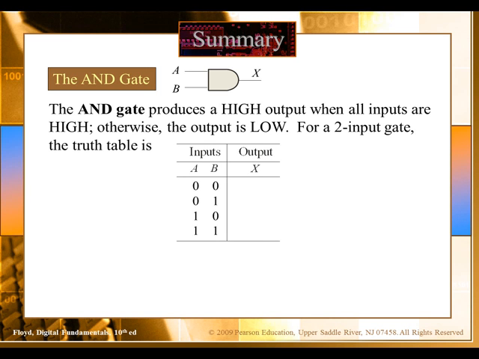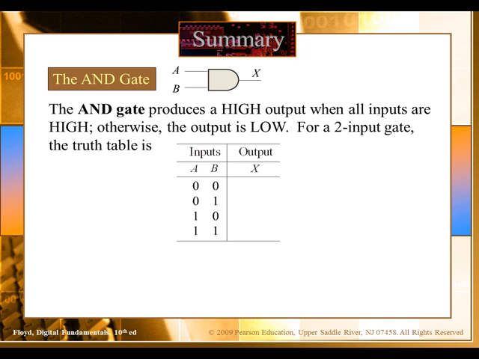Now, I said in all the logic gates, not just in the AND gate, the output will be one line only. But the input will be varying. Now here we have 2 inputs, and also we have a truth table here. Now what does the AND gate do? That might be the first question.